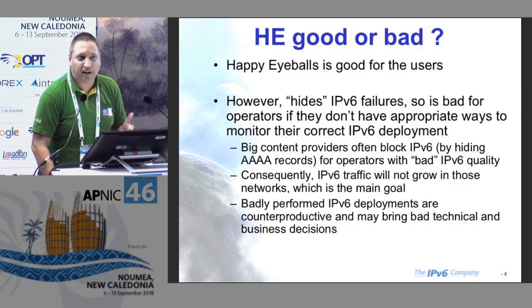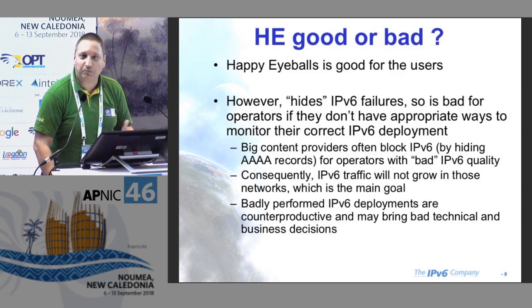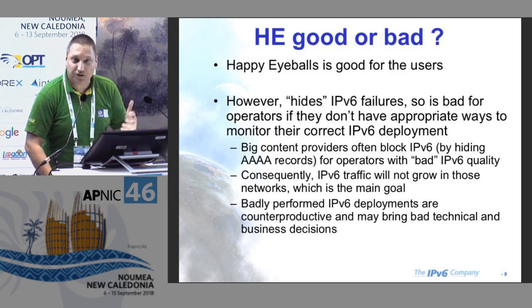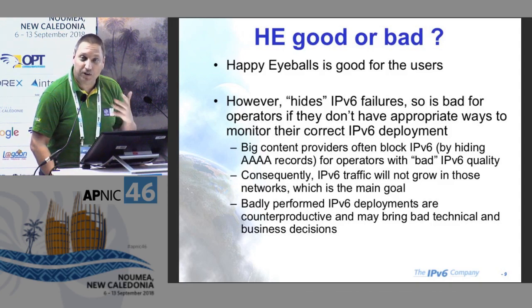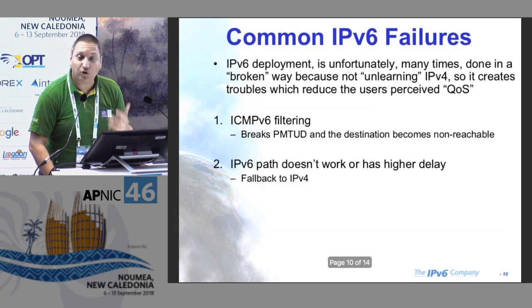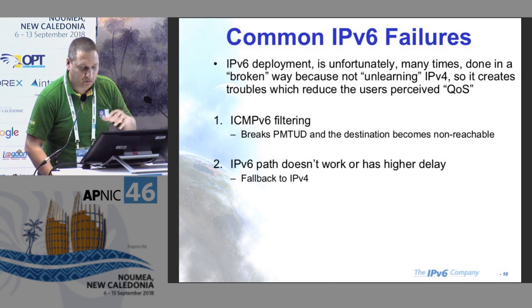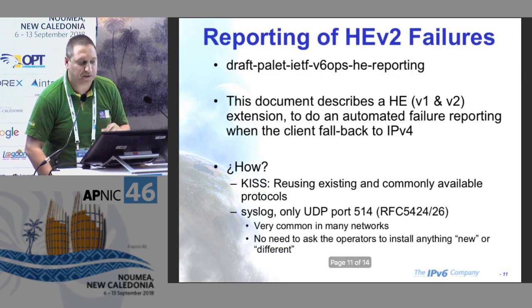But I have seen many networks deploying IPv6 that have good monitoring for IPv4 and no monitoring at all, or bad monitoring for IPv6. So my proposal, and this is work in progress, is let's take the advantage that we have this Happy Eyeballs mechanism to also allow, well, there are other causes of problems in IPv6 networks, but let's skip that for this presentation.